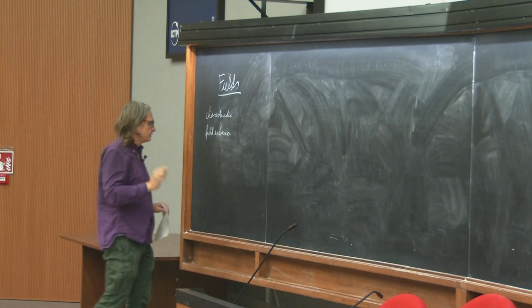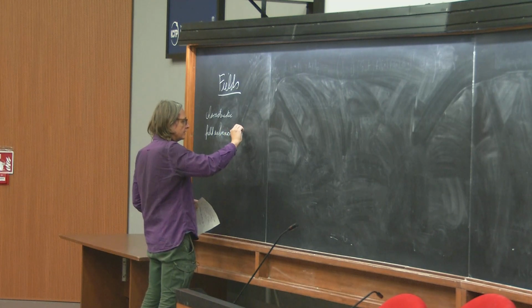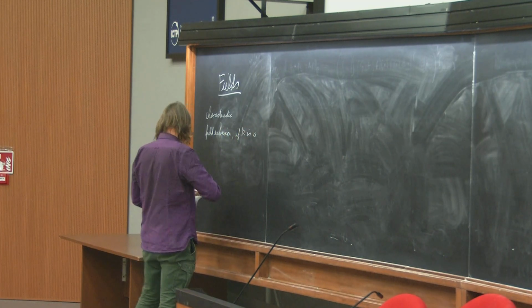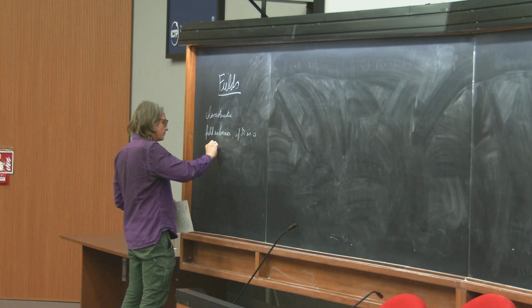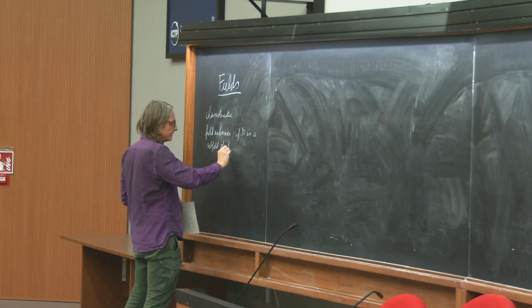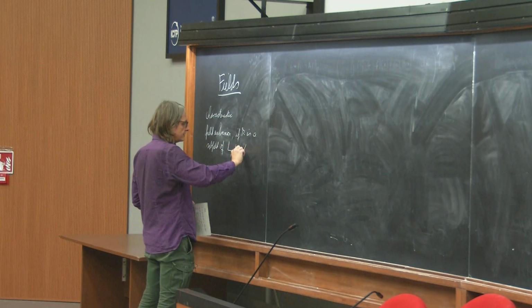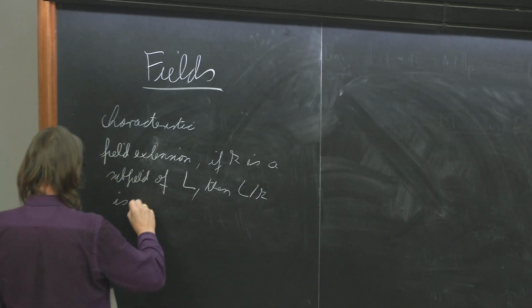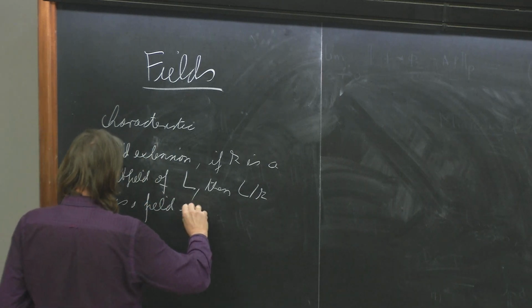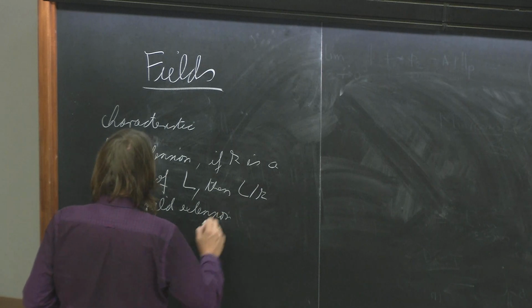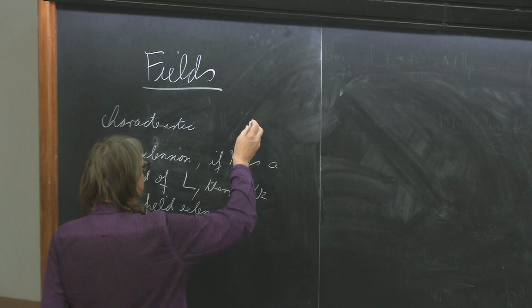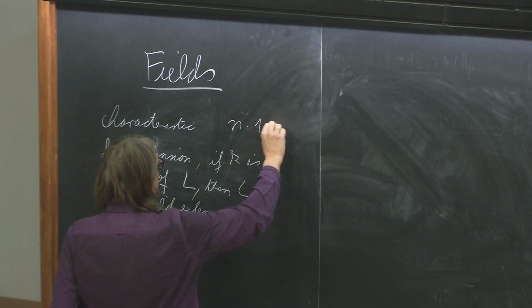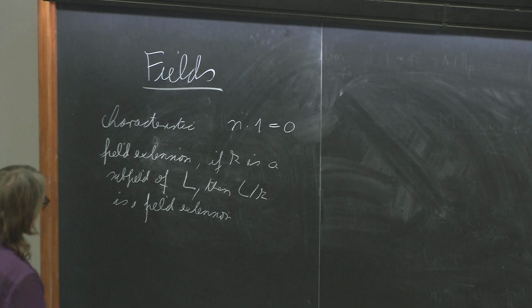If K is a subfield of a field L, then L over K is a field extension. The characteristic is the smallest number, if such a number exists, such that n times 1 is equal to 0, or 0 if there's no positive such number.